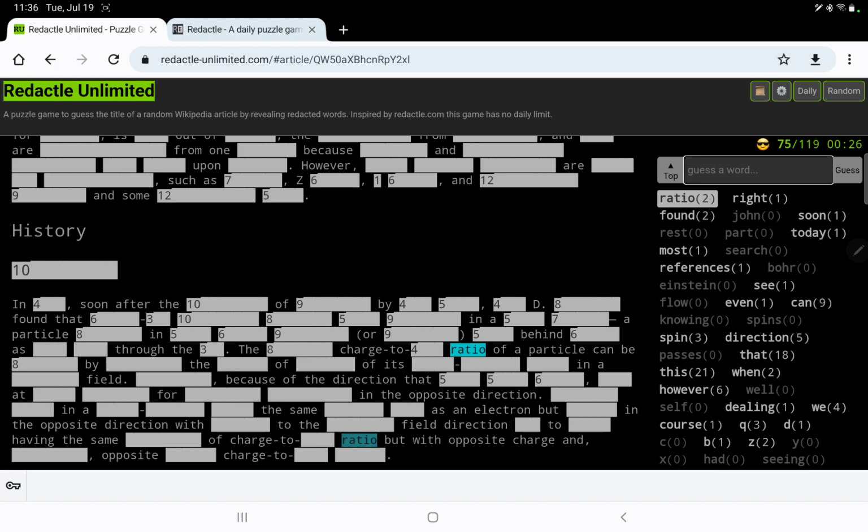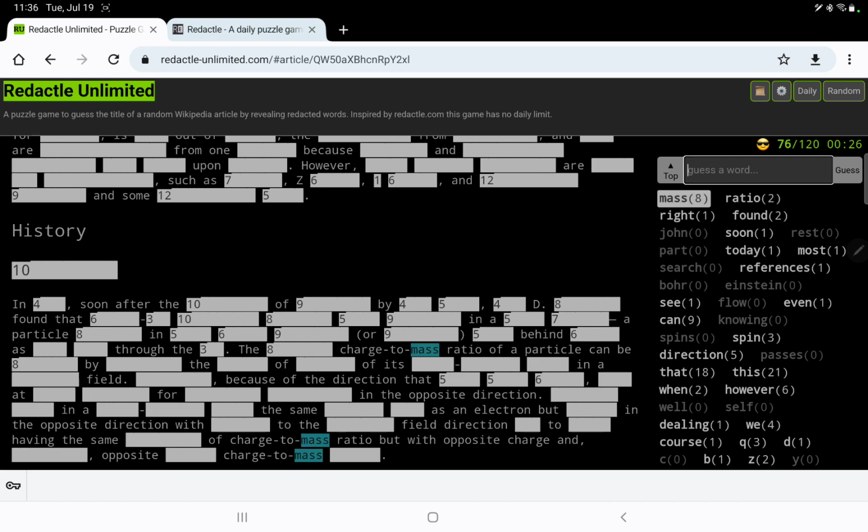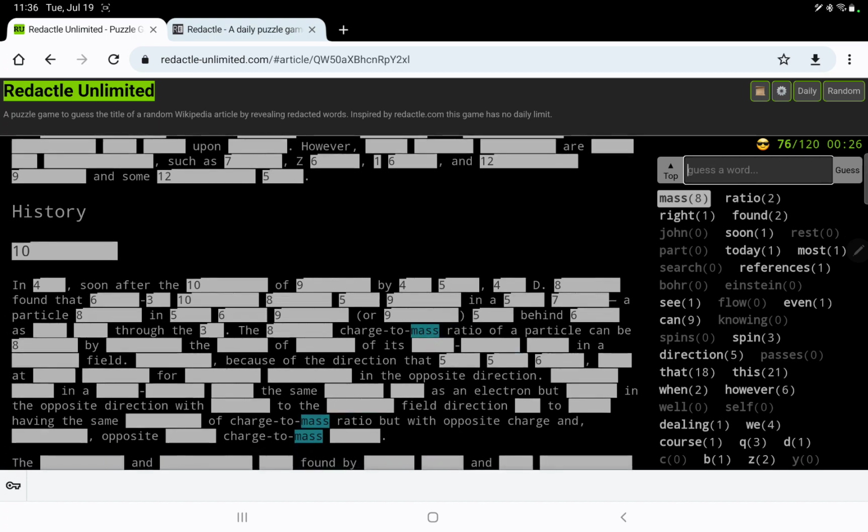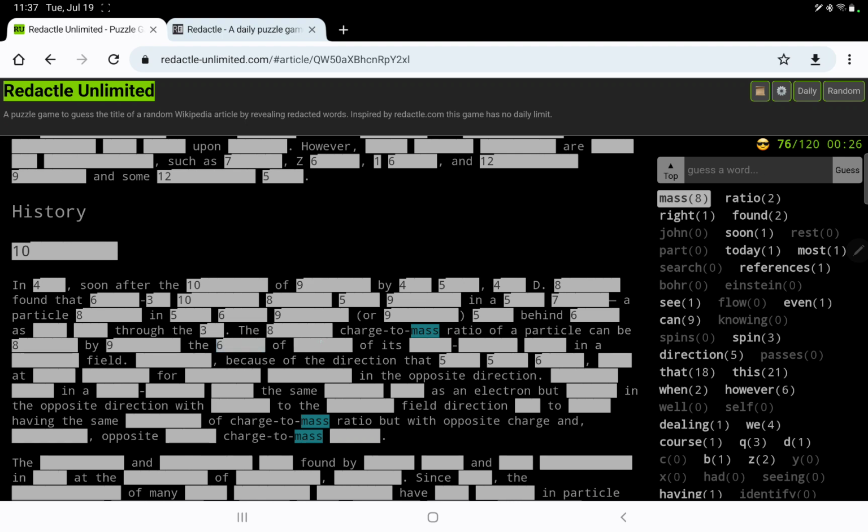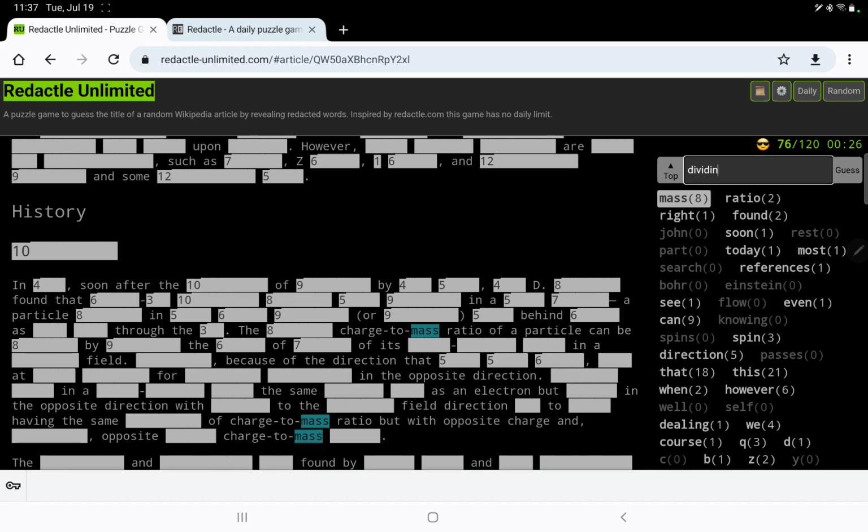Yeah, so the charge to mass ratio of particle can be not identified, can be by not multiplying, is it? Well, maybe, or dividing. Let's try dividing.